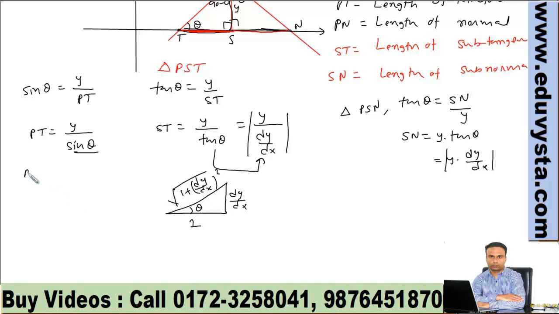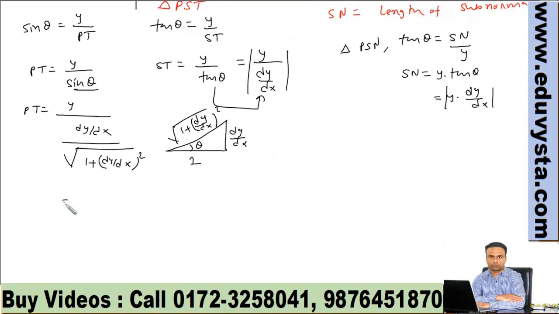So the PT length is equal to y upon (dy by dx divided by square root of 1 plus (dy by dx) squared). By simplification, we have y times square root of 1 plus (dy by dx) squared, divided by dy by dx.